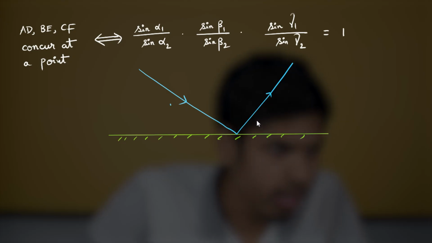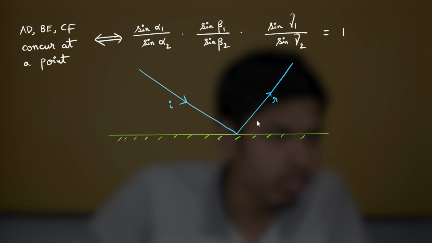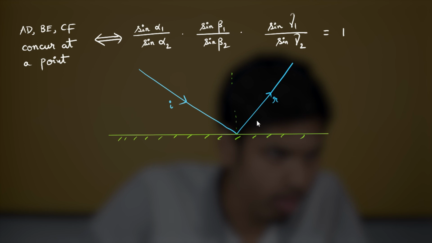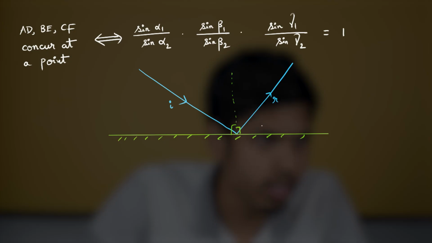Call the incident ray I and the reflected ray R. Now suppose you construct the normal at the point of incidence, which is 90 degrees, or perpendicular, to the reflecting surface.